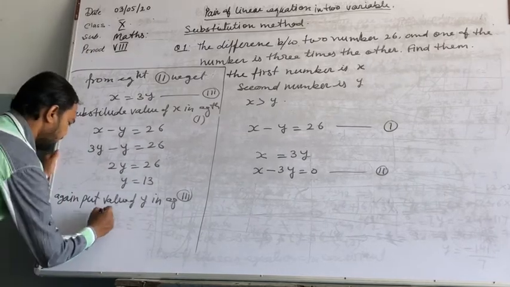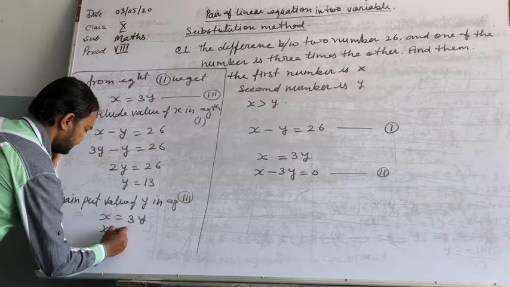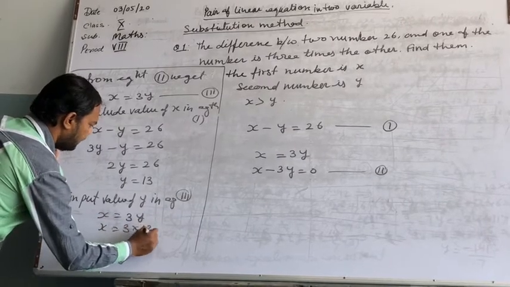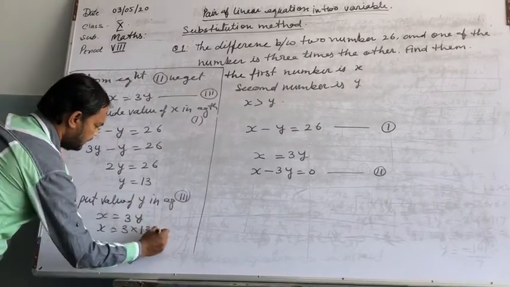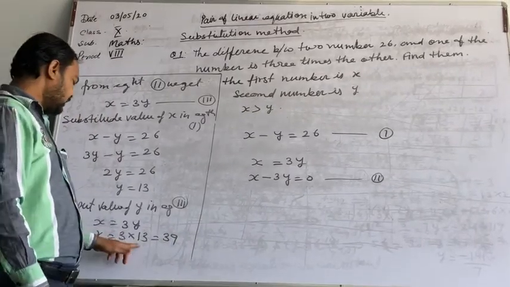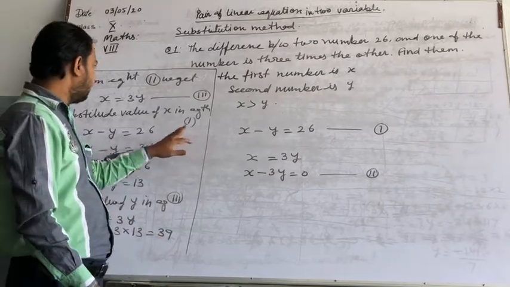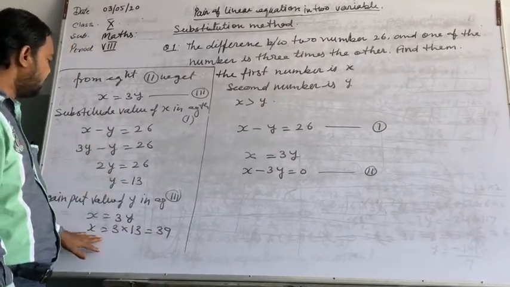In equation third, x equals 3y, which means x equals 3 times 13, which is 39. In this way, we get the values of x and y separately.